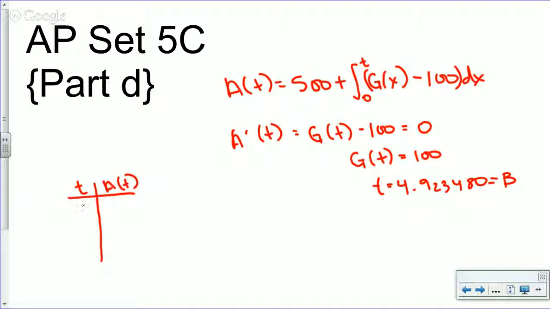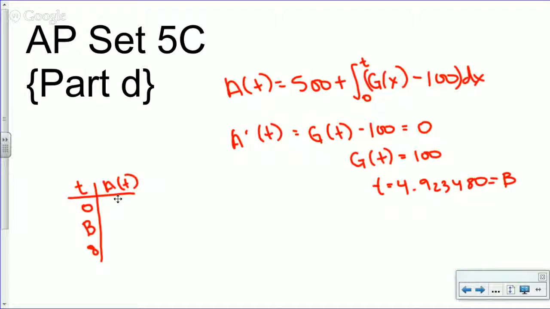So I need to use my endpoints 0 and 8 and that 4.923480, or what I'm calling B. Okay. All right, so to find A of 0, you're going to come back to your original function here. You can type this in your calculator: 500 plus the integral from 0 to 0 of g of x minus 100 dx. All right, but the integral from 0 to 0 will be 0, right?